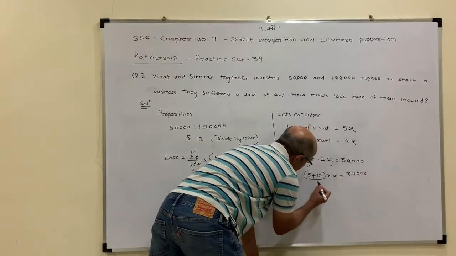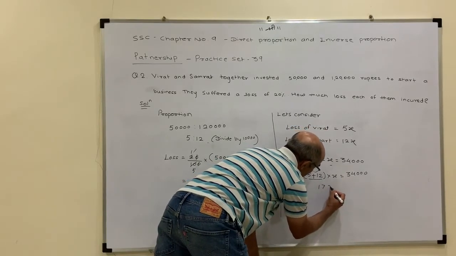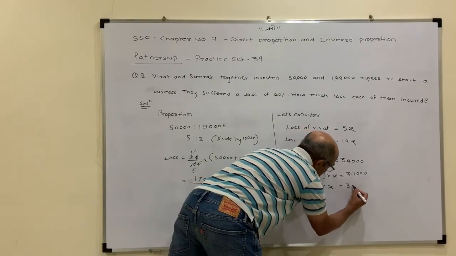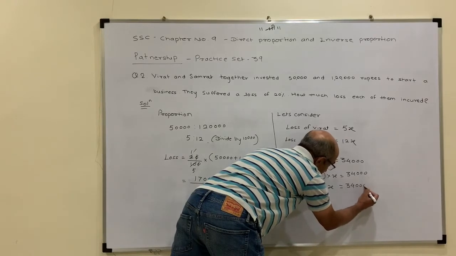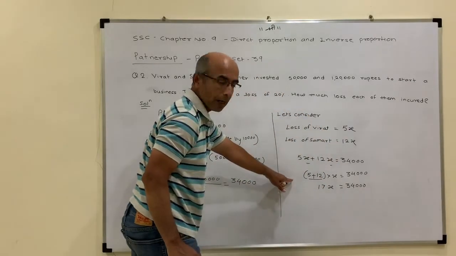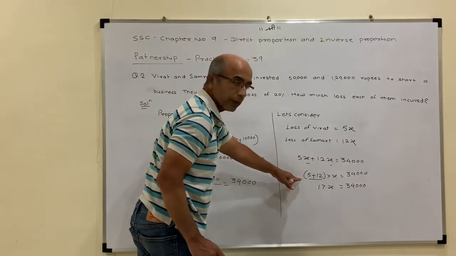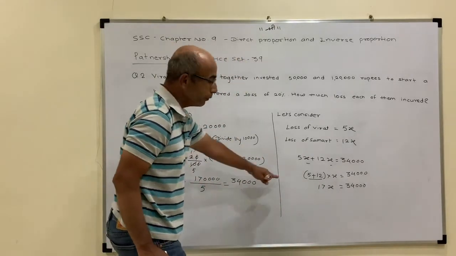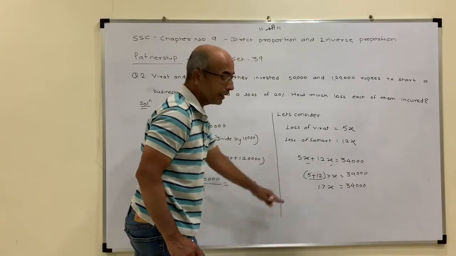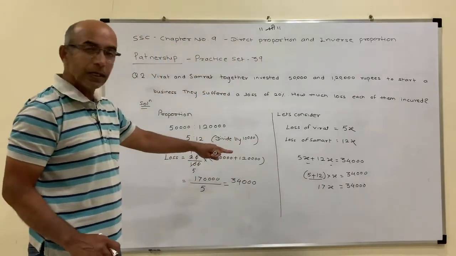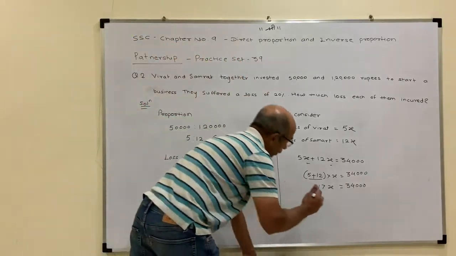So 12 plus 5, 17x equals 34,000. But don't worry about this. I'll be taking algebraic equations again, and we'll do this in detail at that time. So 17x comes out to be 34,000.